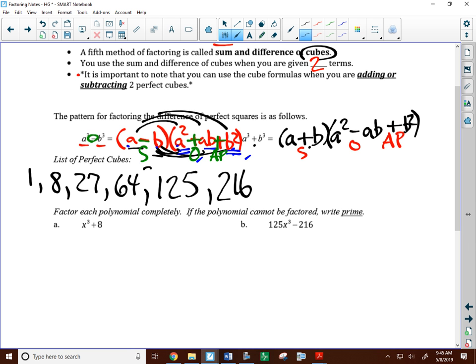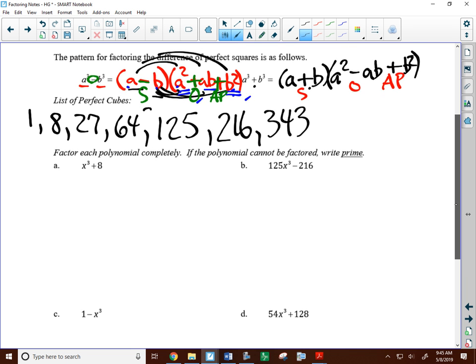And then I'll stop with 7, 343. Now you might see 8 cubed, 9 cubed, 10 cubed is 1,000. But you don't see too many more above that, roughly around 6 to 7. So if you see one of these numbers, and you see like an x cubed, probably a sum or difference of cubes problem. Okay, let's try.